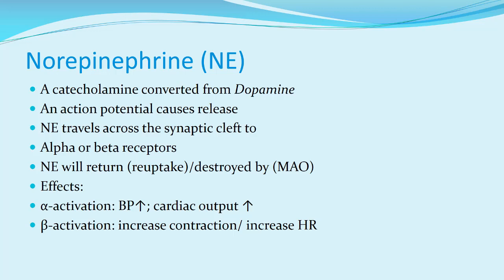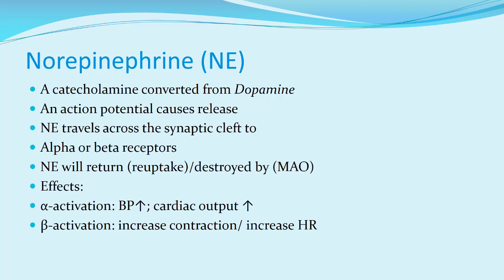Norepinephrine will return to the presynaptic cell, or it'll be destroyed by monoamine oxidase, MAO. Norepinephrine tends not to last very long. It's either reuptaked or destroyed in order to maintain some balance.